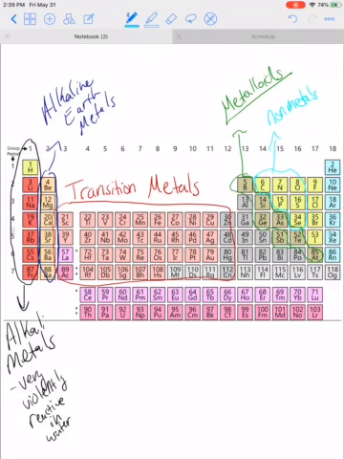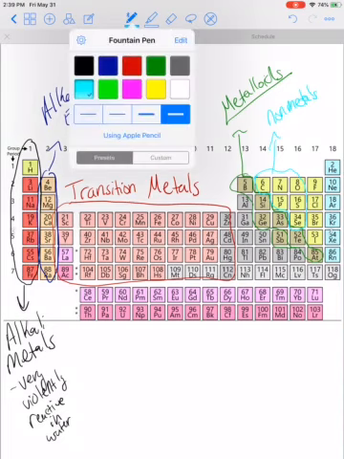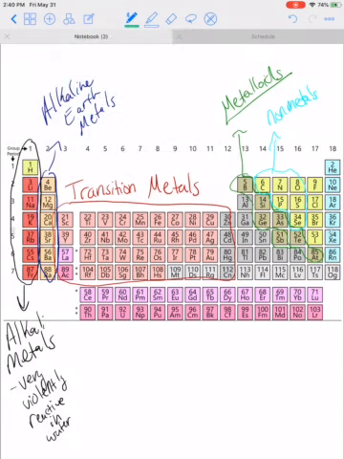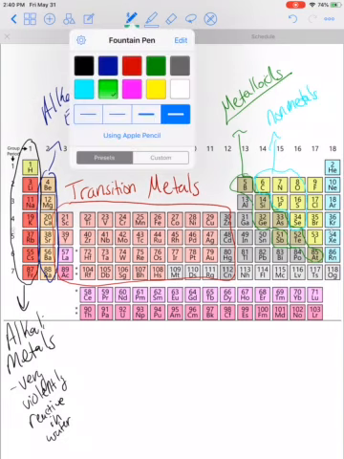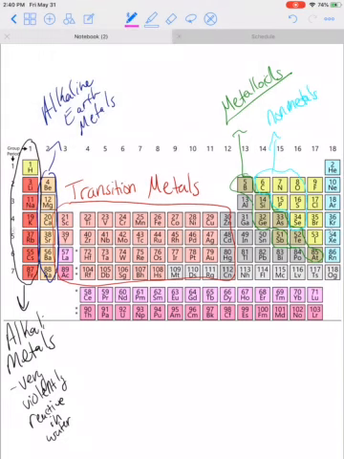The next two families that we're going to talk about are also non-metals. But these guys don't really have any other special property about them other than the way that they act because they are non-metals. Not one that they all share together. So we're going to call them the non-metals, and it's this little group right here that spans across.